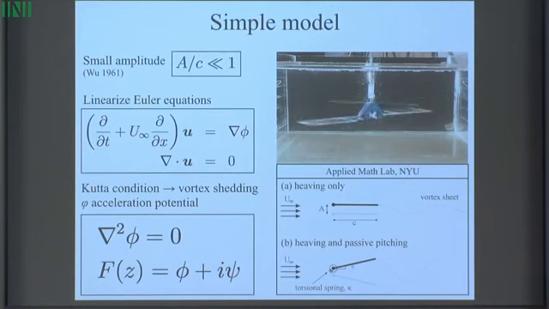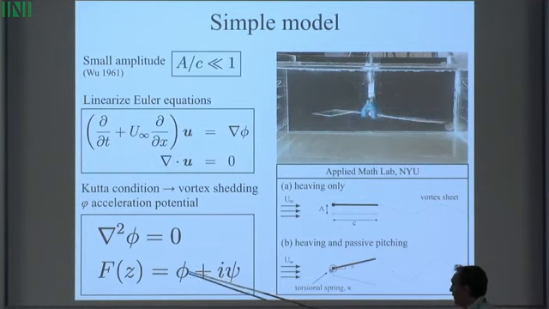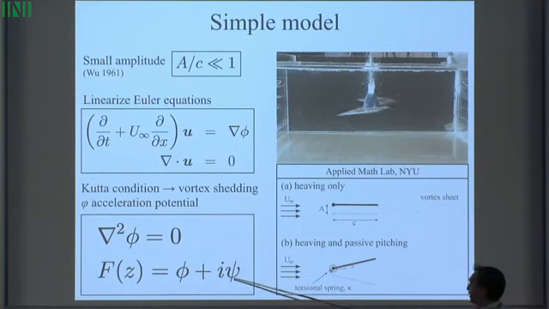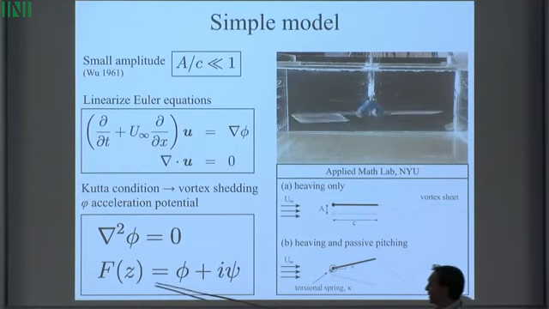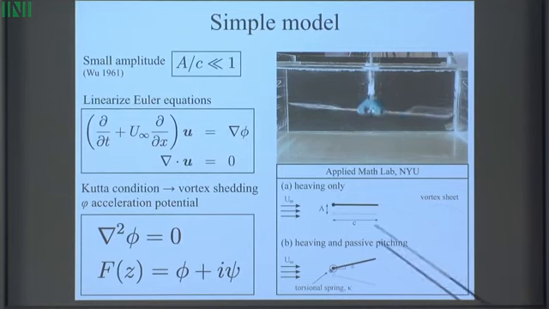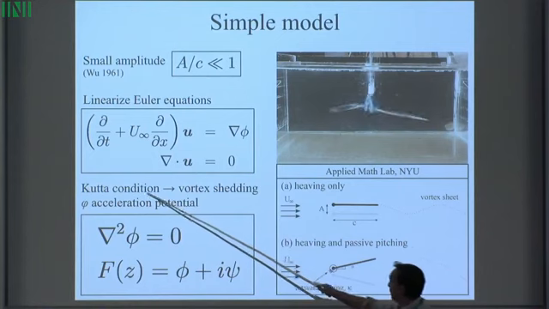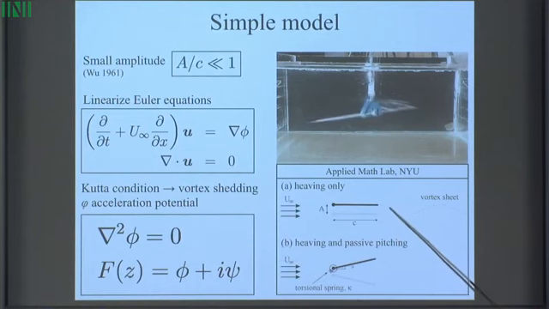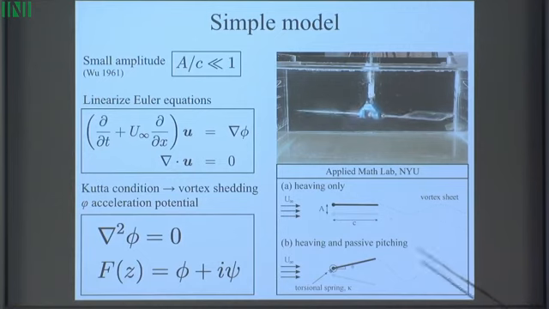So I could introduce a complex conjugate function, and all of a sudden I have an analytic function to work with, and now I could use the tricks of complex analysis. Okay, so that's the theory in a nutshell. I should also mention that the Kutta condition is going to be enforced, which allows vorticity to be shed at the trailing edge, and that's really the main thing that allows you to get thrust in a fluid.